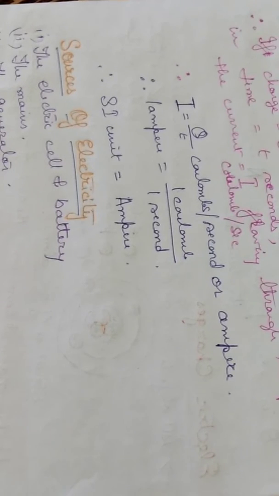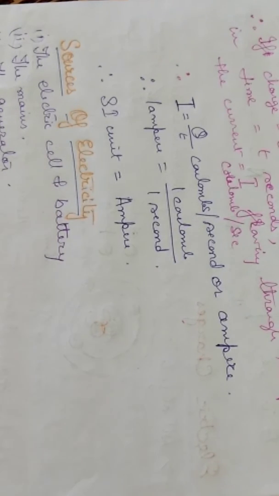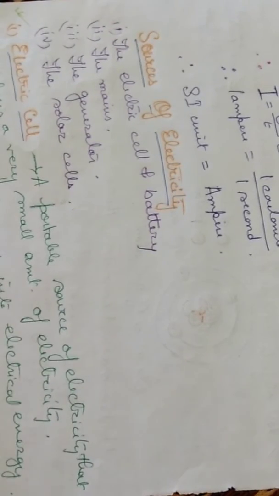Coulomb per second is called ampere, so 1 ampere is equal to 1 coulomb by 1 second. The SI unit of current is the ampere. And sources of electricity are the electric cell or battery, the mains, the generator, and solar cells.